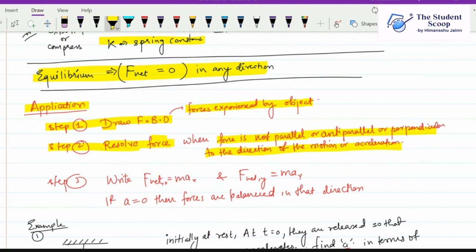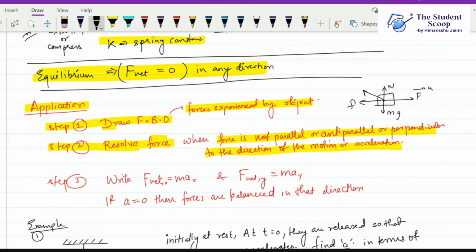If there is a particular direction of motion and there are parallel and perpendicular forces, don't worry about resolving them. For example, if this is the direction of the acceleration and this is a force, I don't need to resolve. Even the forces which are in the opposite direction, we don't need to resolve. So that is completely normal.